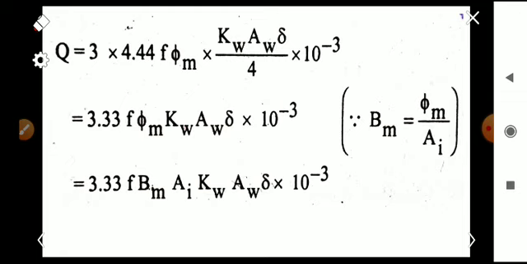So that is the output equation, and here note that Ai means actually it is the net core area. Sometimes it may be given in the question itself. So you have to learn the output equation of both the single phase and three phase, and almost the steps are same. So I hope it's clear. So thank you.